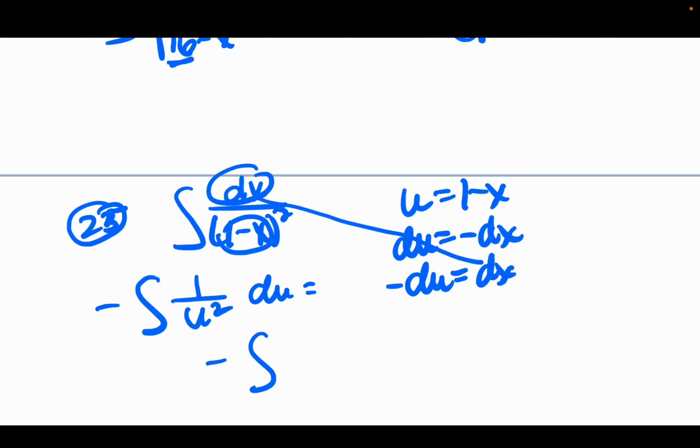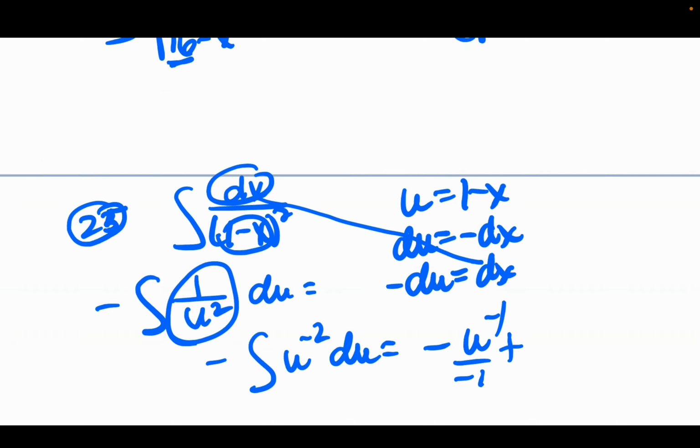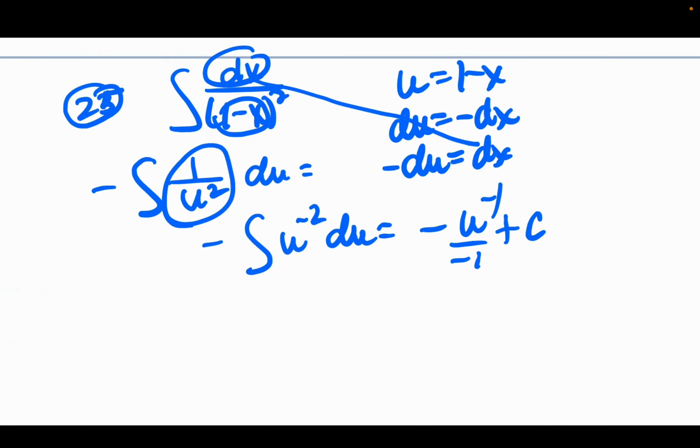Like we talked about in class, this has nothing to do with ln. This is u to the negative 2 du. So I get negative u to the negative 1 over negative 1 plus c. That gives me, positive, because I have two negatives, 1 over u plus c. And without numbers, I just fill this back in.